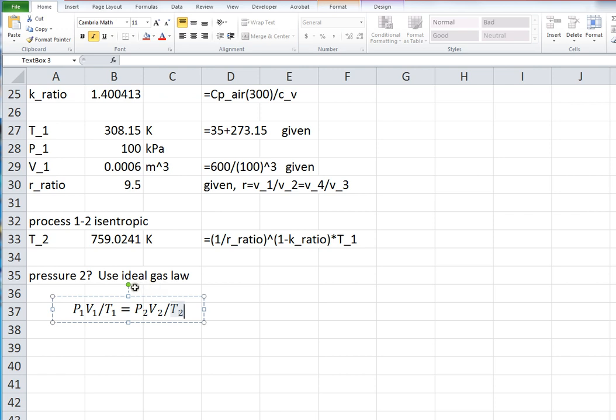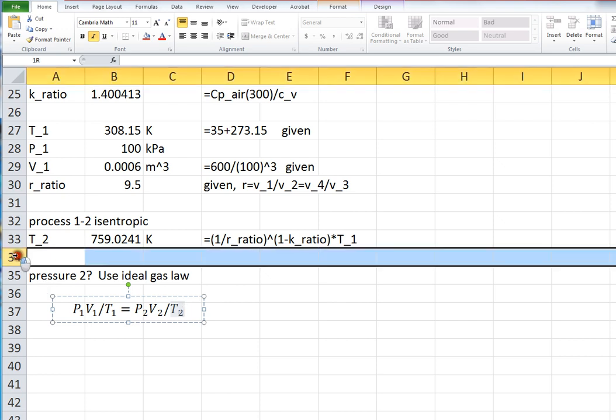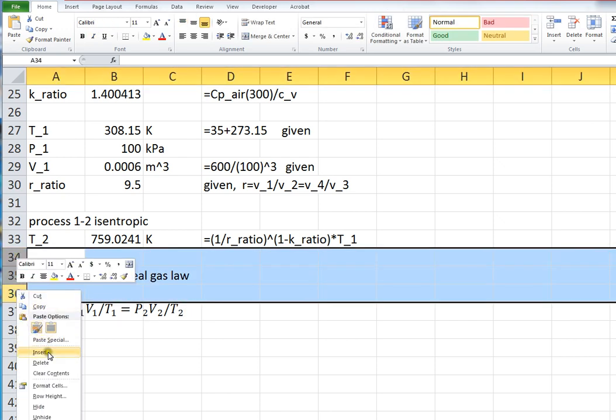And so what do we know about this process? Well, I'm getting ahead of myself, but this process is isentropic, and so this ideal gas law won't be as useful for us here. We could sort that out, but we can get it from the temperature ratio, and we'll hold on to this because we're going to use it in just a minute.